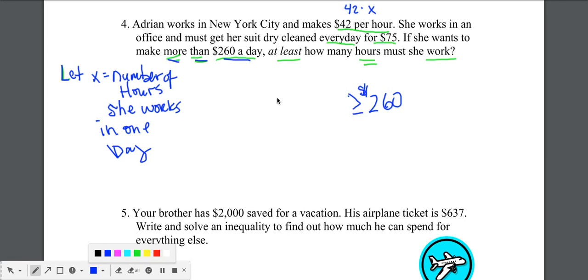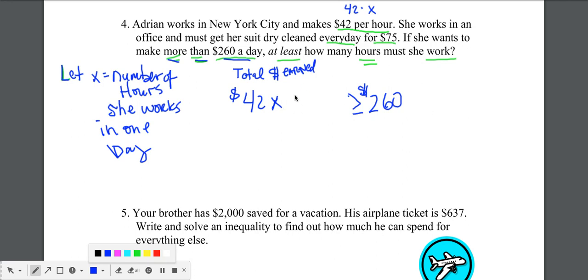Since any number of hours that you work, if you were to multiply it by the $42 per 1 hour, then we multiply right like this, $42 multiplied by X. And then, so that's the total amount of money. I'm going to write that right up here. Total money earned before we have dry cleaning done.